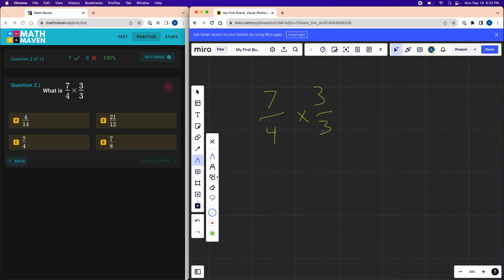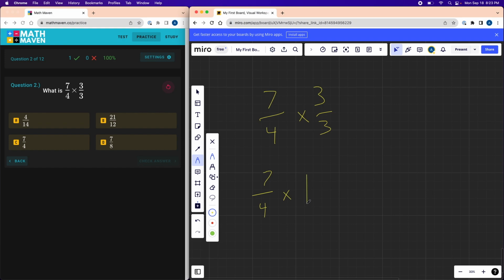Again, first thing we should be doing is trying to simplify anything. 7/4, 7 is a prime number, so this fraction cannot be simplified anymore. 3/3, well, we could factor out a 3 from both the numerator and the denominator. So really our new problem becomes 7/4 times 1/1, or just 1.